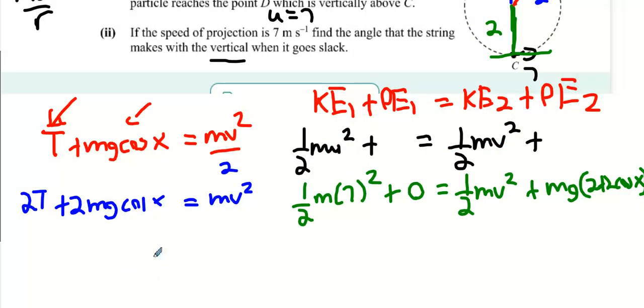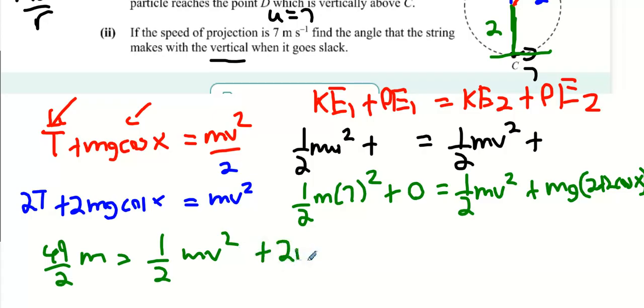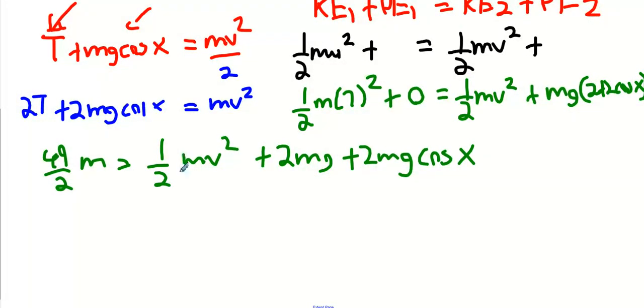Now, let's go for the green part. 49 over 2 m equals a half mv squared plus 2mg plus 2mg cos x. Now guys, I'm going to multiply both sides by 2. Is that okay?